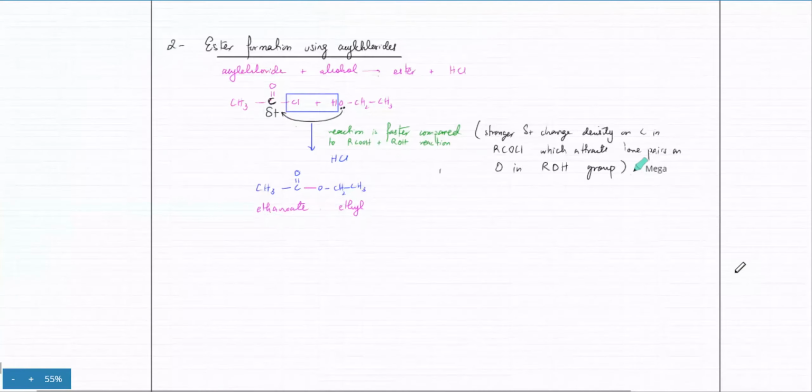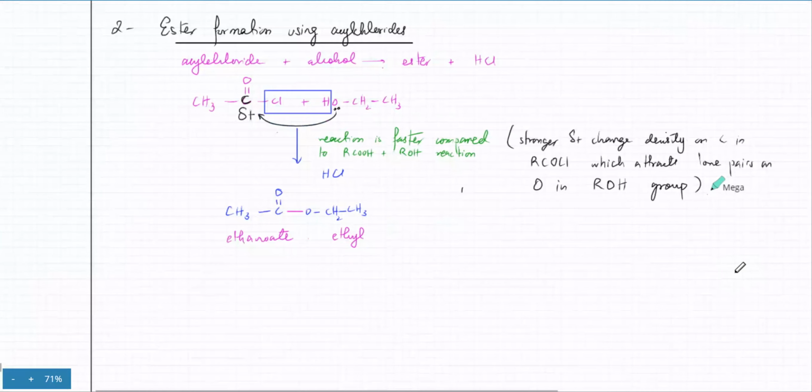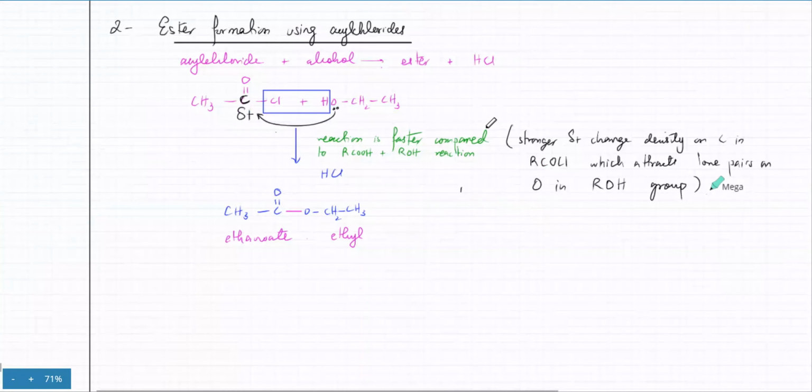And the same pretty much happens over here: you can form esters from acyl chlorides. You don't need specific conditions. The reaction could even happen in the cold. In the previous case, with carboxylic acids, you need concentrated sulfuric acid, and you also need reflux.